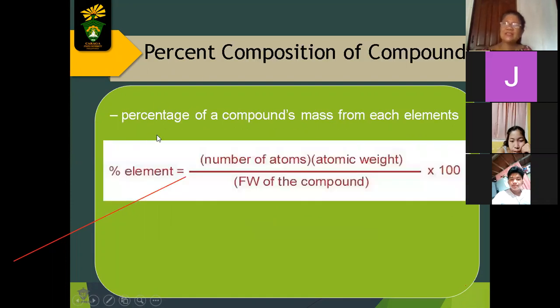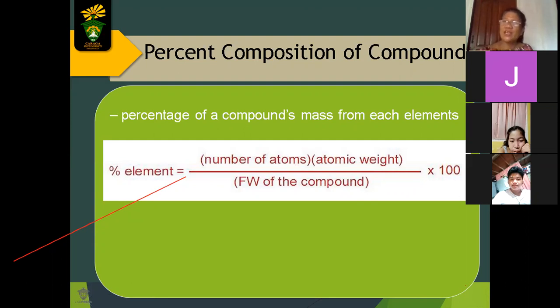So percentage composition of a compound is the percentage of the compound's mass from each element. The percentage composition of an element is the number of atoms multiplied by the atomic weight of that element, divided by the molecular weight or the formula weight of the compound.